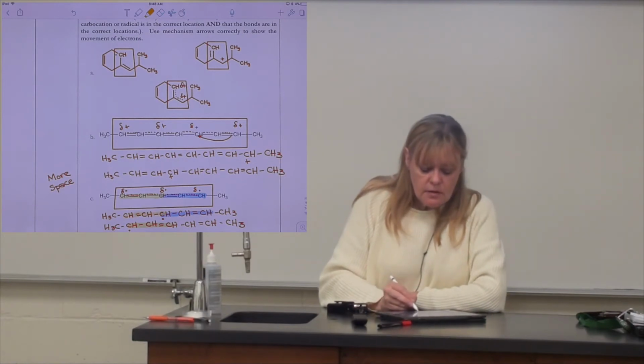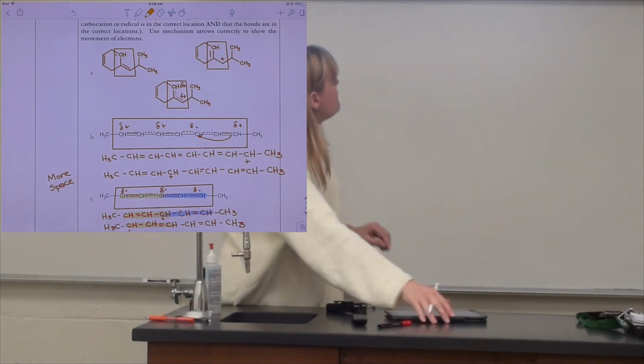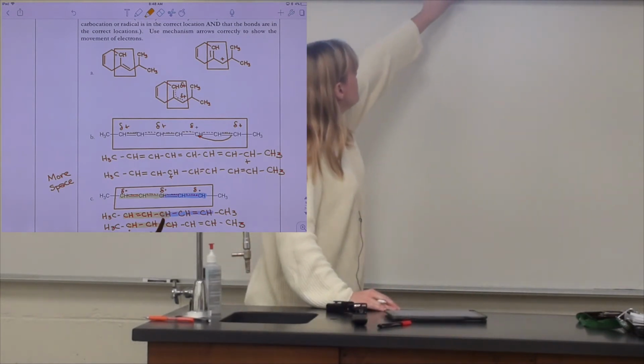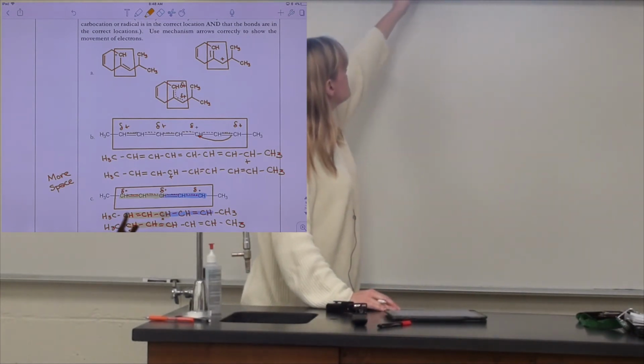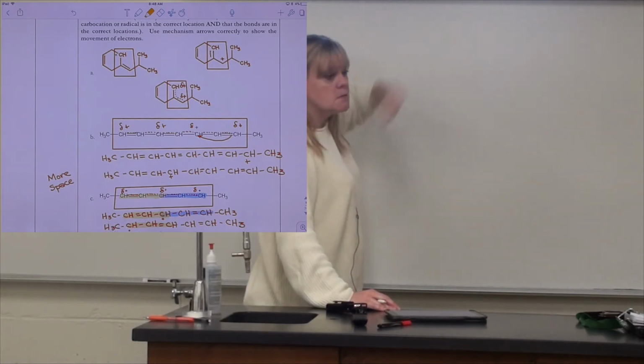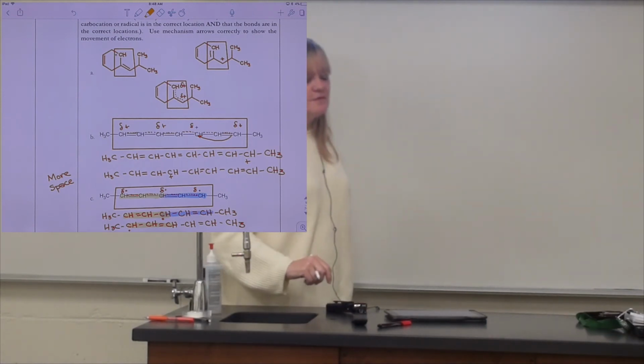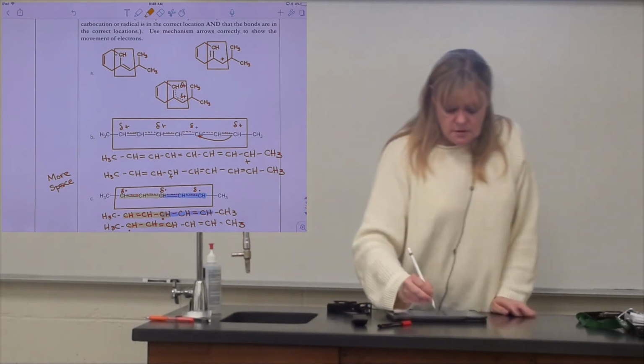Okay, so I'm looking at these 3 atoms now. And so now this is going to be every other, so this goes to here. The double becomes a single, single becomes double. Yep, so just keep working your way along.